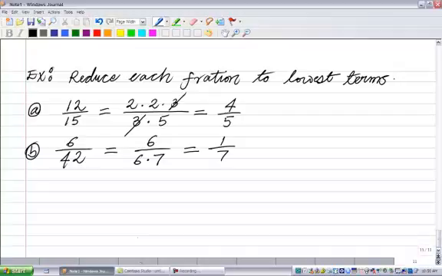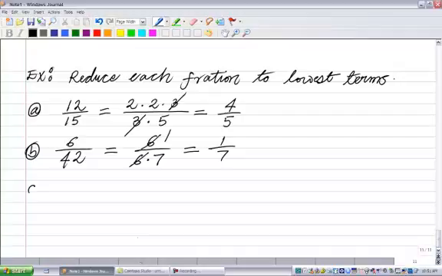What do you mean just 7? When you cancel out the 6, it means that you are dividing the numerator and the denominator by 6. So when I divide the numerator 6 by 6, I get 1. When I divide the denominator by 6, I get 7. Right? So that's why you're getting 1/7, okay?